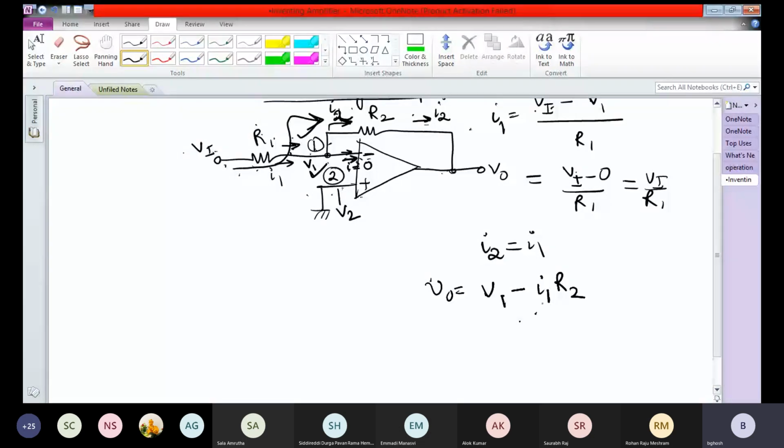You can write I2 R2 equal to I1 R2. That is, V1 is 0 minus what is I1?